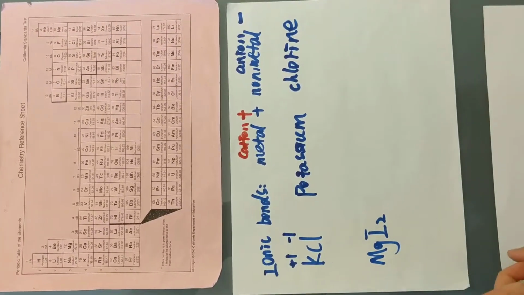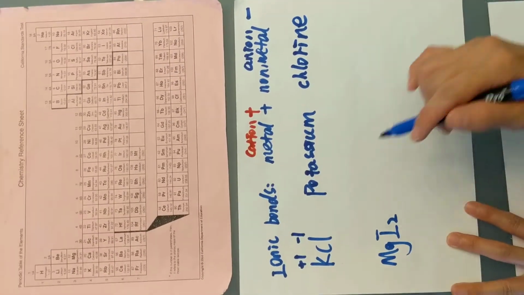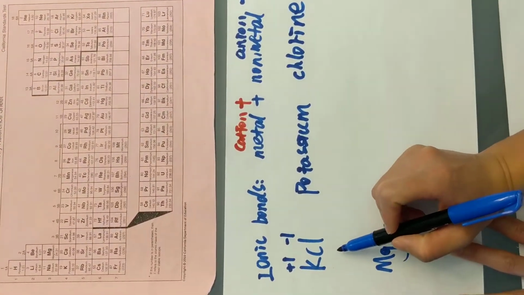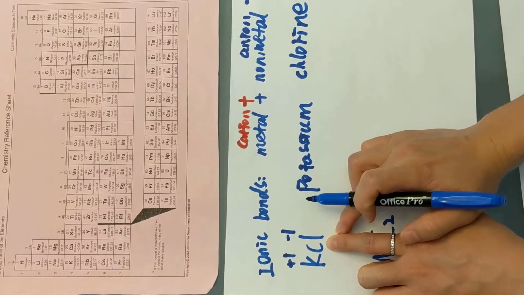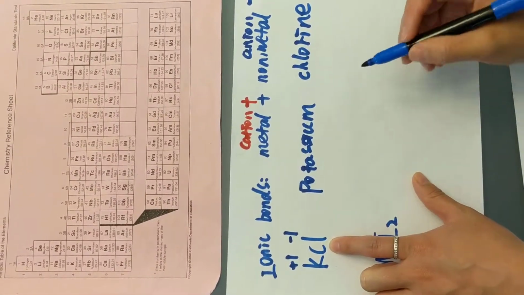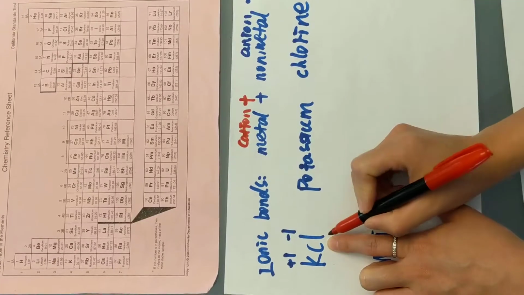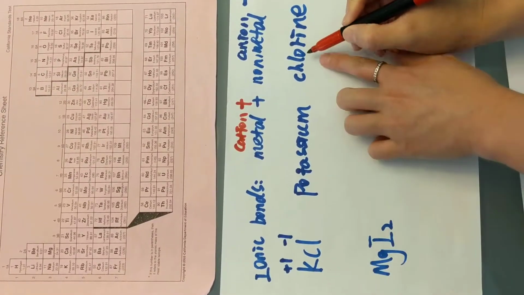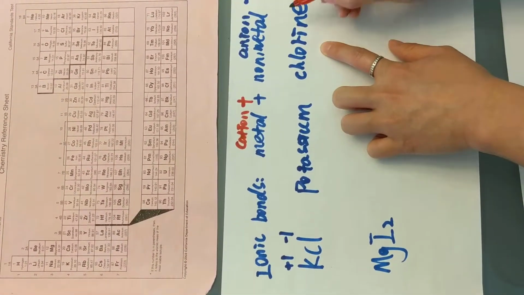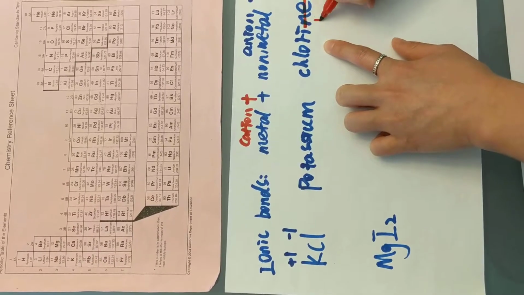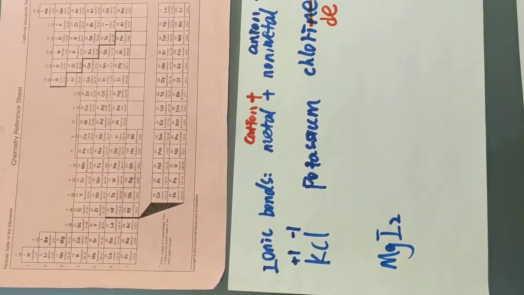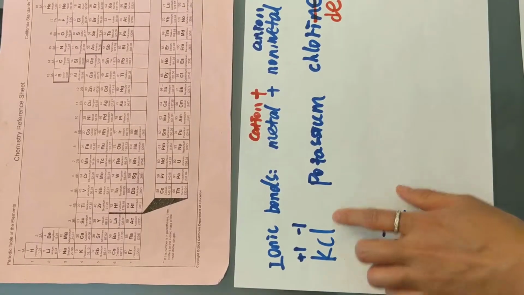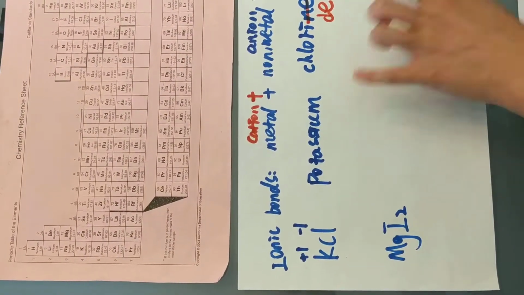The important thing is to remove the end of the second element and add IDE at the end. So change chlorine to chloride. So KCl means potassium chloride.